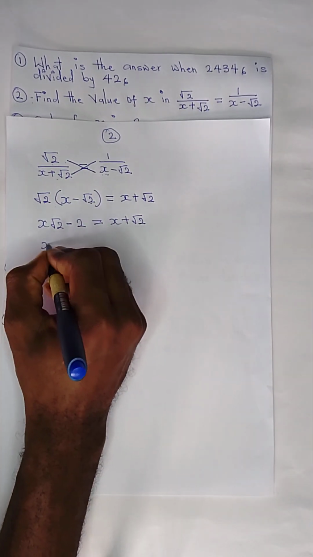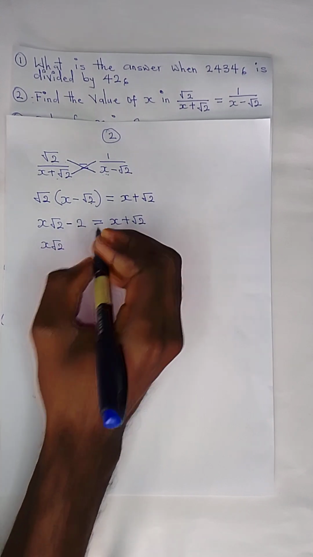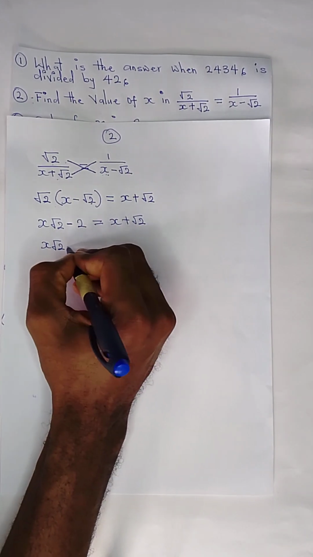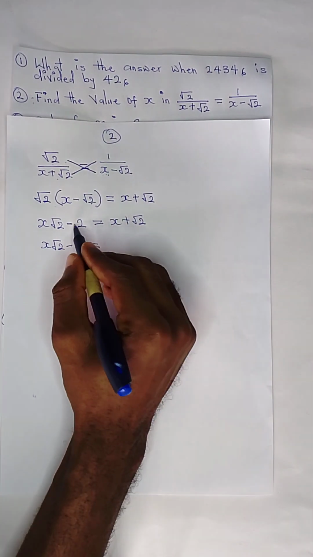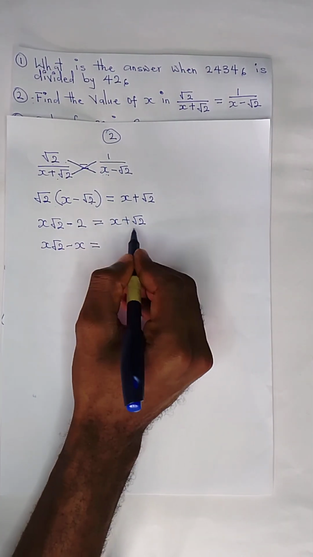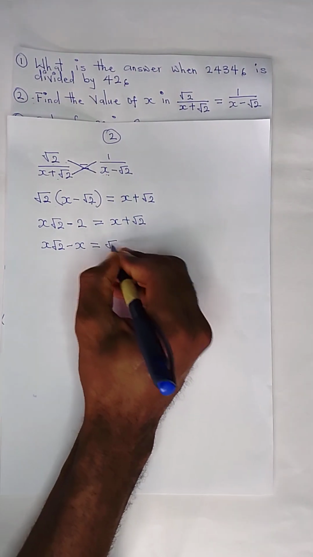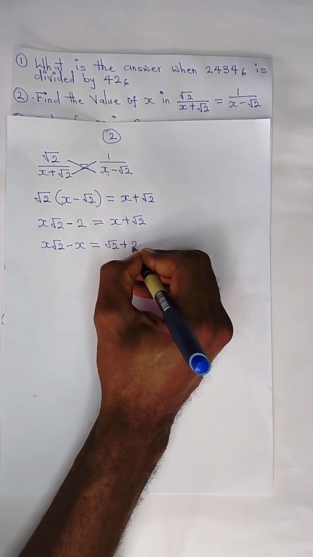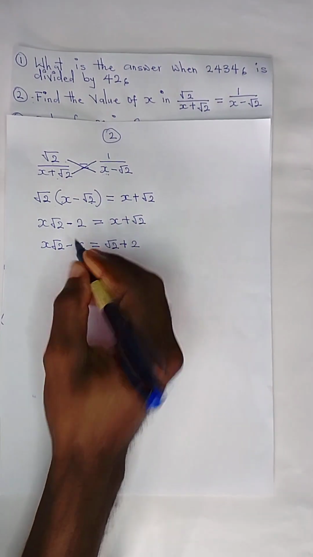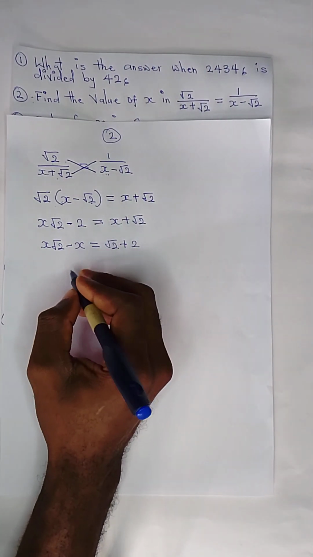So that's going to give us x root 2. So I'm bringing this x now to this side to become minus x equal to. Then I'm taking this 2 down to this side. Already we have root 2 here. So when I bring this 2 here, it becomes plus 2. Then remember we are finding the value of x.